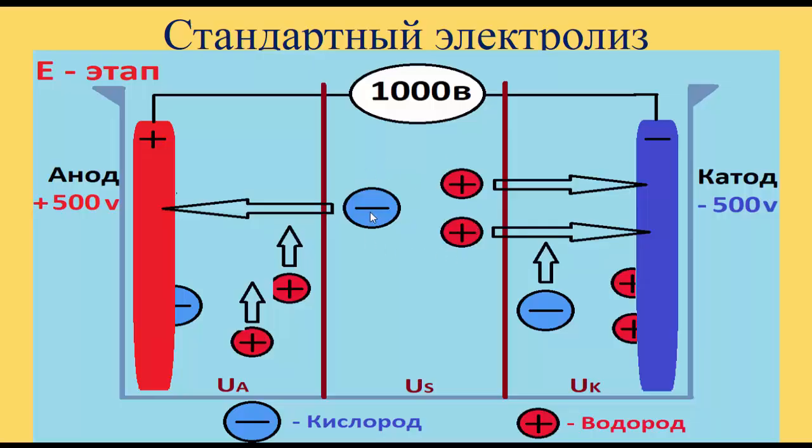Accordingly, the minus oxygen goes towards the anode and sticks to the anode. Minus hydrogens, they go towards the cathode and stick to the cathode.